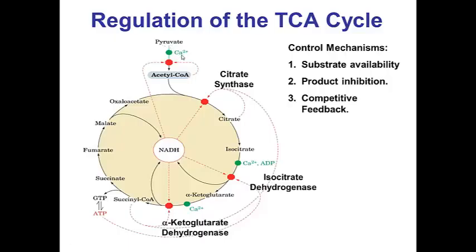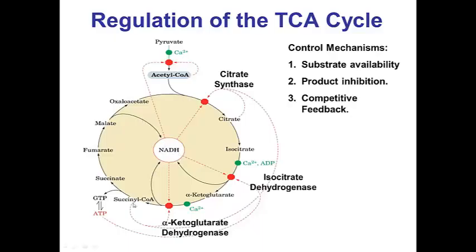This is also a sensor that the cell needs energy because many times release of calcium is required for different cell types to do work. For example, release of calcium triggers muscle contraction, so that suggests that the muscles are going to be highly active and are going to need a lot of ATP. So this can also serve to activate these enzymes.